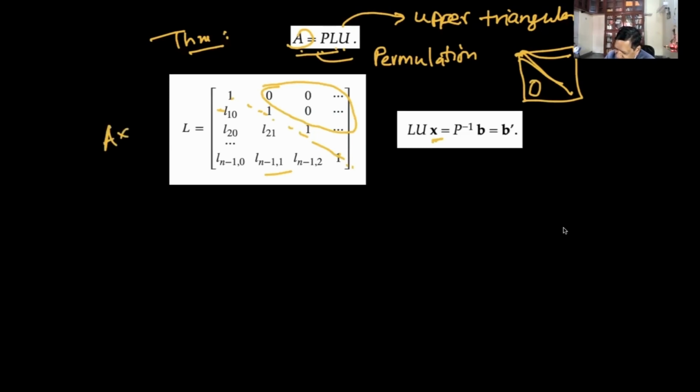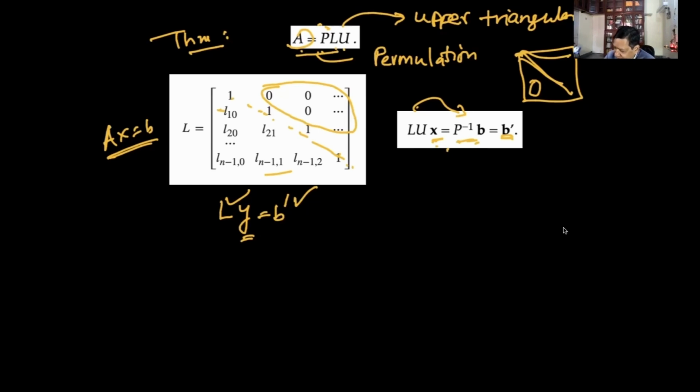So I need to solve Ax = B, no? This equation. So what do you do first? I take this P and move it to the right-hand side, which is P inverse B. This is order n squared. So that is B prime. After this, I solve Ly = B prime. B prime is known, L is known, so I can solve for y. This will be done by substitution, order n squared.